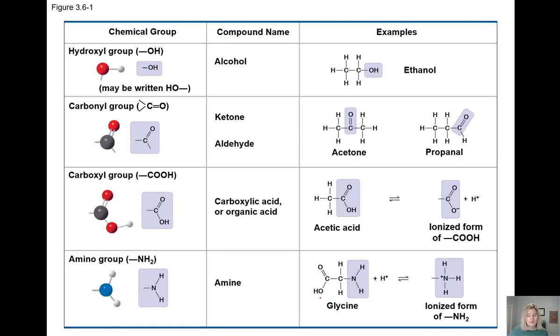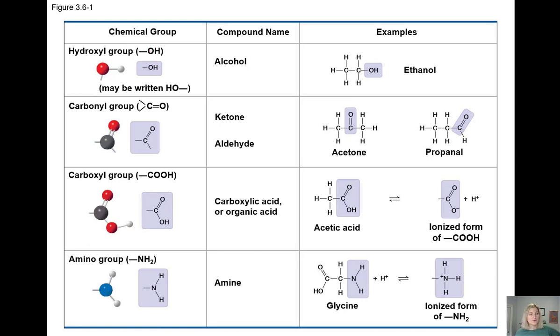The first one we're going to talk about is called the hydroxyl group. We talked about the hydroxyl ions last time with the properties of water. Remember, the presence of these in great quantities makes a more basic solution.